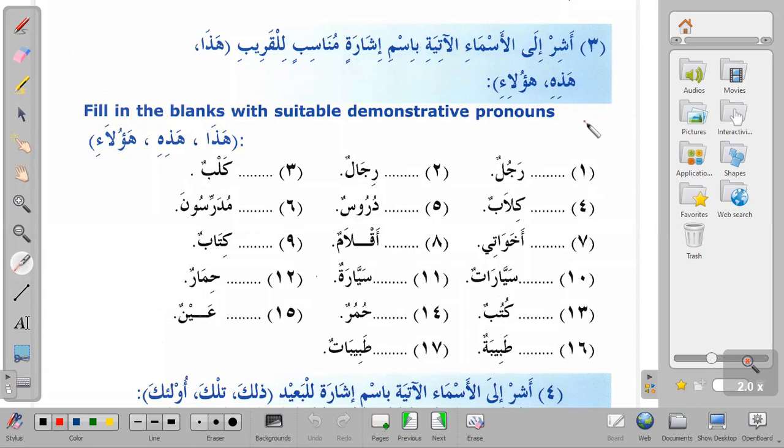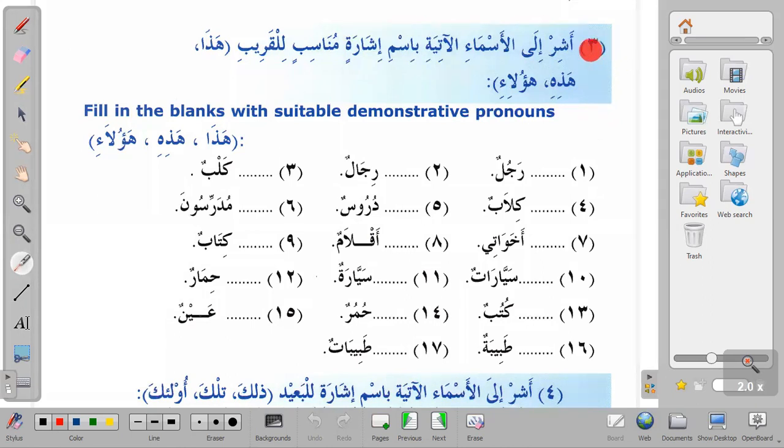And then we said their plural takes the form or acts like the singular feminine, right? Okay.